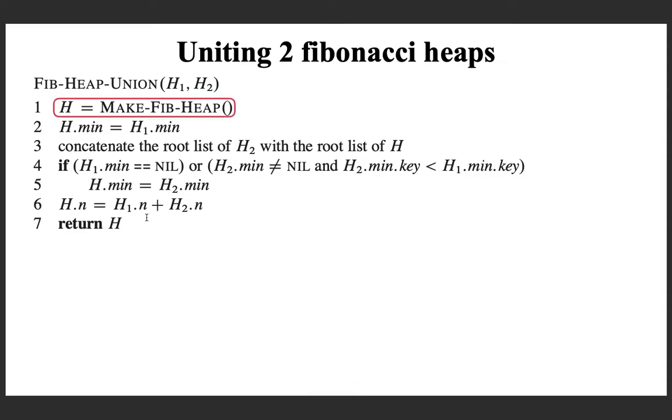What it does first is obtain an object to point to the resulting heap instance. You are given h1 and h2 and you want to combine them, so you create a new node pointer to represent the combined heaps h1 and h2.